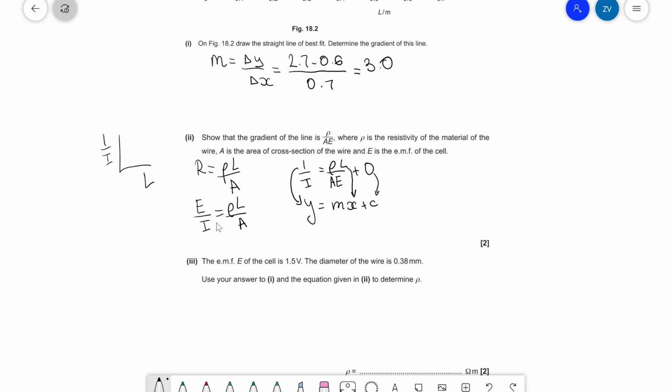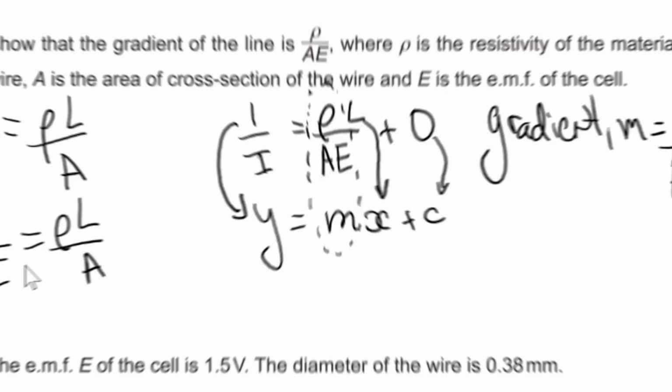It doesn't necessarily need to be right through 0 due to errors. But our gradient, importantly, will be this quantity. So the gradient m will be equal to rho divided by AE.